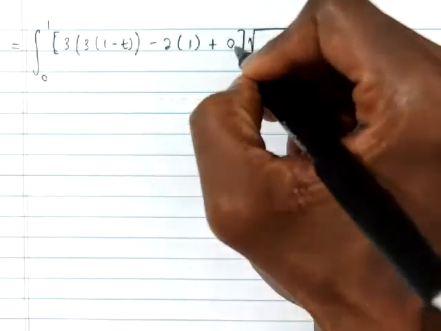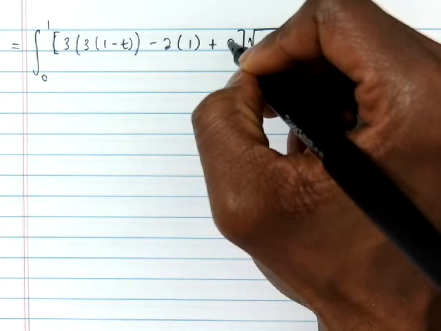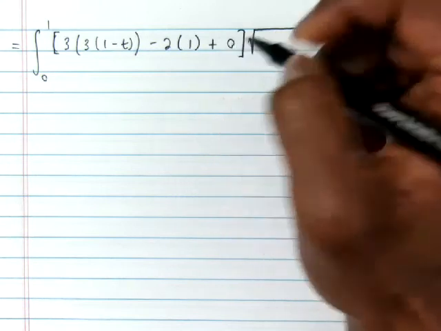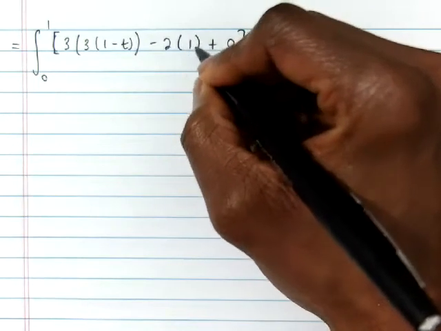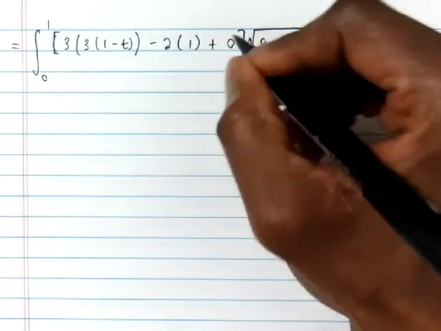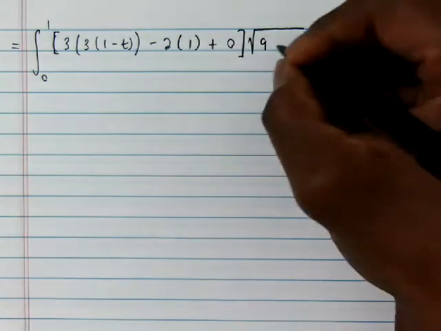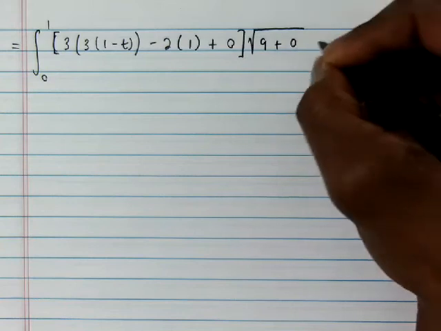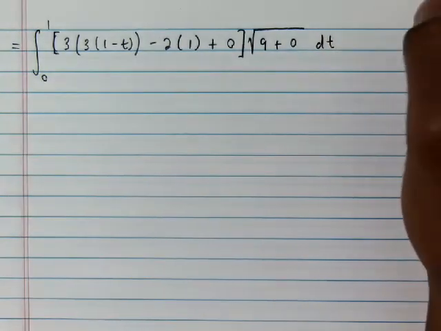The derivative of x with respect to t is just going to be -3, and we square that and get 9. The derivative of y with respect to t is 0, and we square that and get 0, and the derivative of z with respect to t is 0. We square that and get 0. So plus 0, dt.